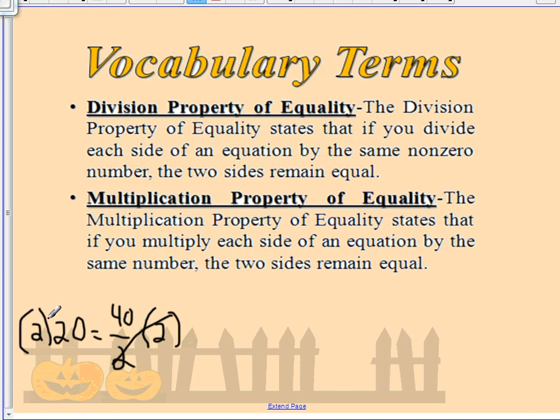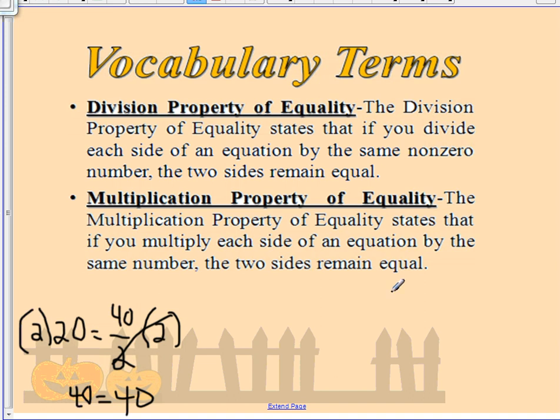But if I multiply both sides, or divide both sides, by the same number, I would get 40 equals 40. Okay? So that's true for both the multiplication and division property of equality.